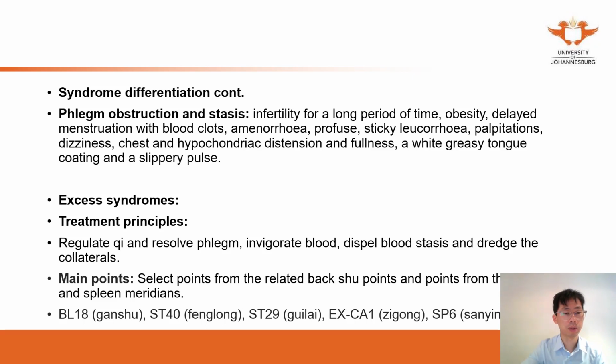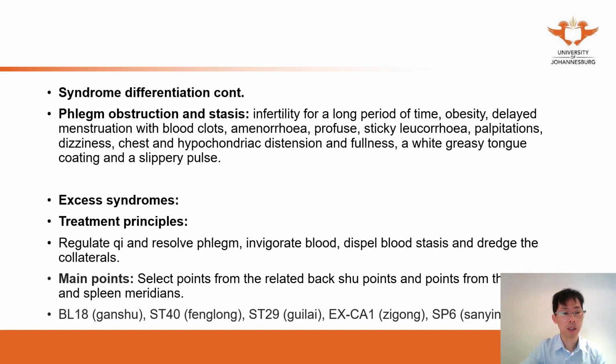So the treatment principles depend on the situation. You are going to select the specific principle for your syndrome. The points you can use include Bladder 18, Stomach 40, Stomach 29, and the extra point CA1, Zigong, which is the one I mentioned specifically for the uterus in the lower abdomen.